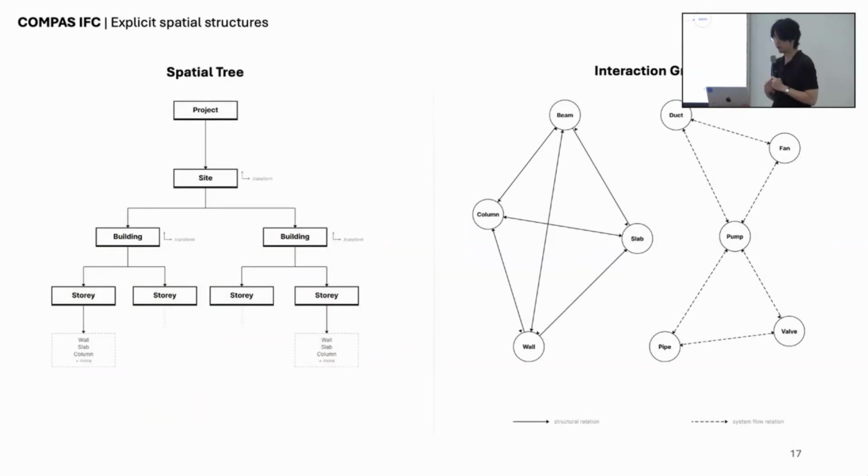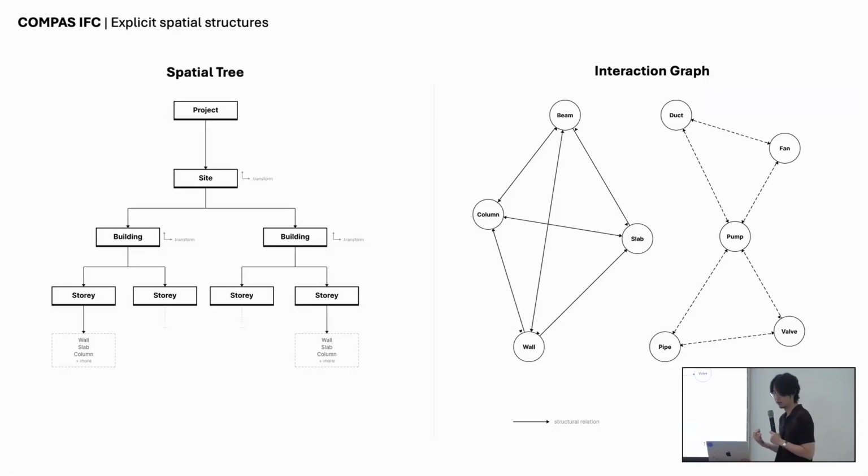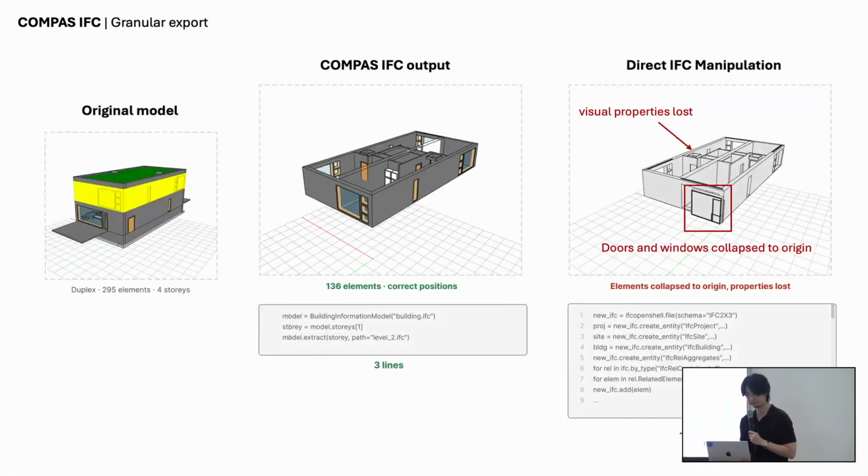Through COMPAS IFC, we really try to clean up that mess. We use COMPAS model to organize all these relations into two clean and explicit structures: a spatial tree that handles all of the hierarchical relations and tells you how everything is positioned, and an interaction graph that groups networking kinds of relations like structural connections or MEP networks.